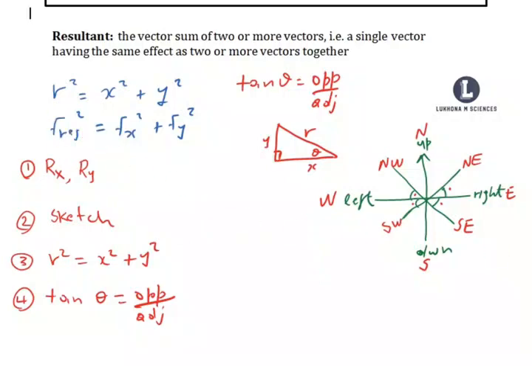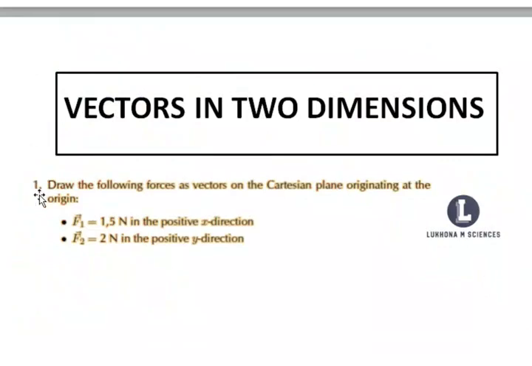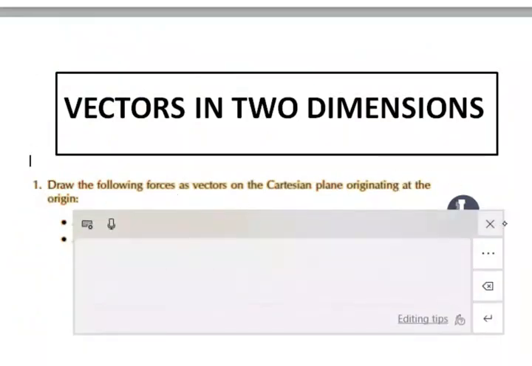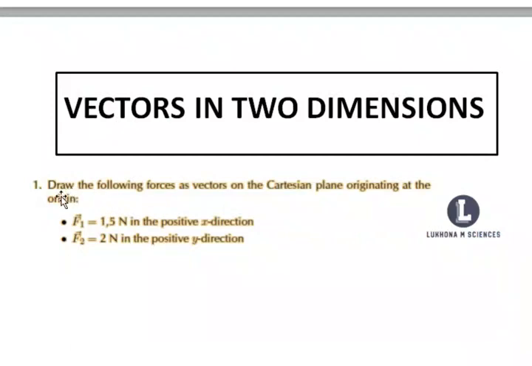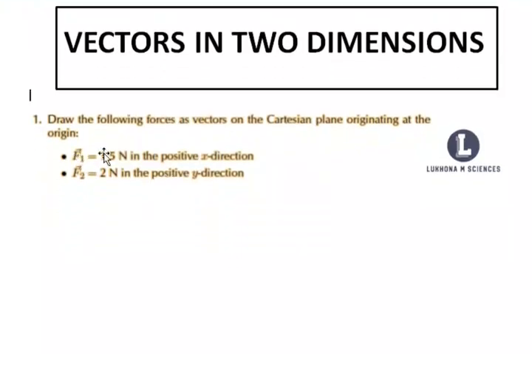Remember, now we have this example that we used in the previous example. They said draw the following forces as vectors on a Cartesian plane. Luckily, we have only 2 forces here, force 1, that is x, and force 2, that is y.